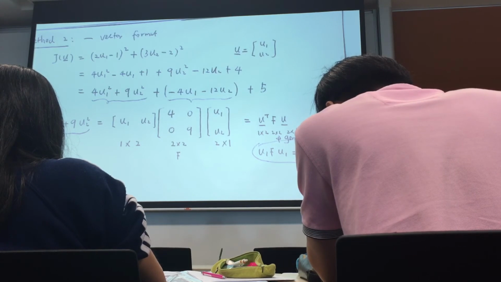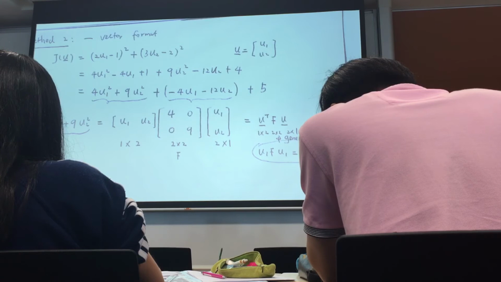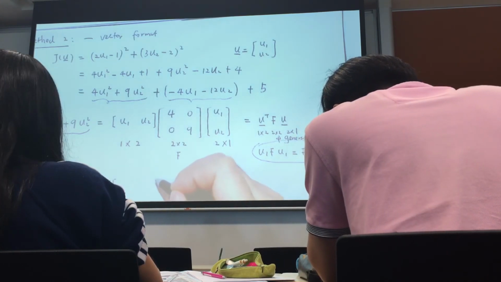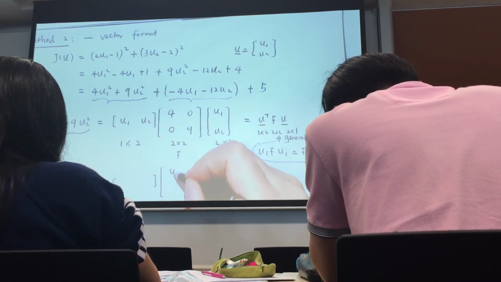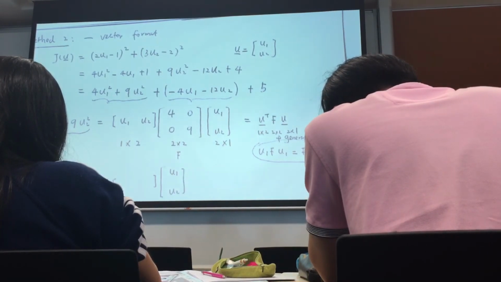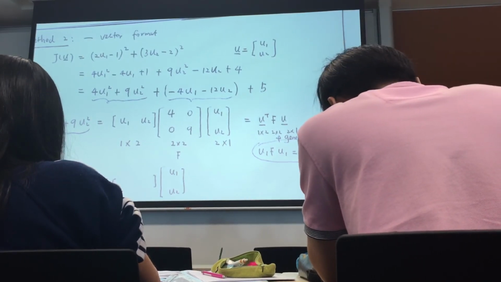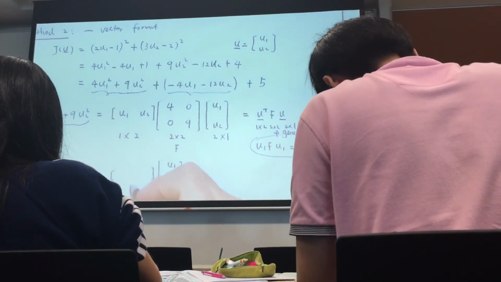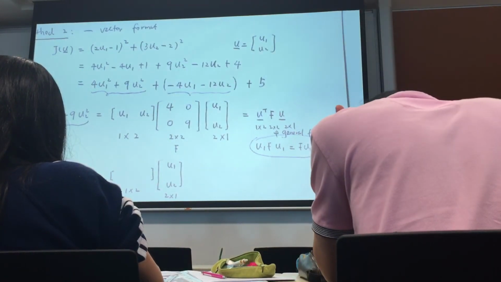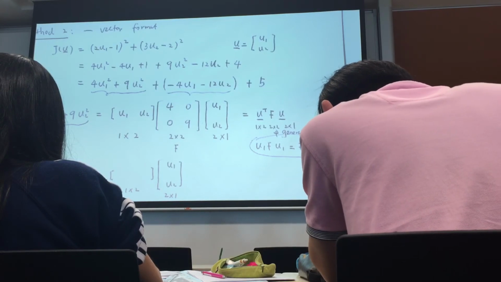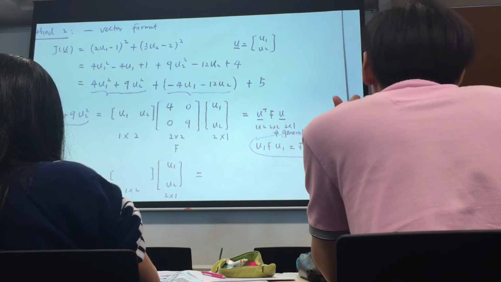For 1 by 1, we need a 1 by 2 multiplied by 2 by 1 to get a scalar. So it must be a format like this. So I define u1, u2 here. We have these two components, so it's 1 by 2, and this is 2 by 1. Eventually you have a 1 by 1 matrix.